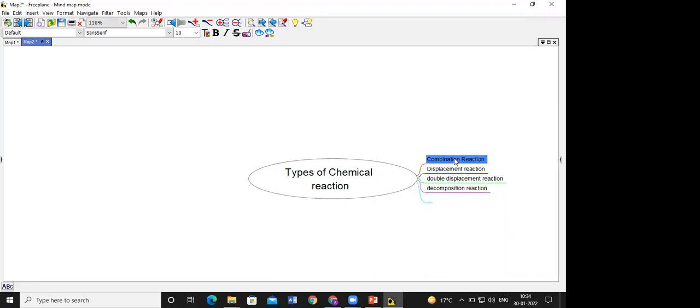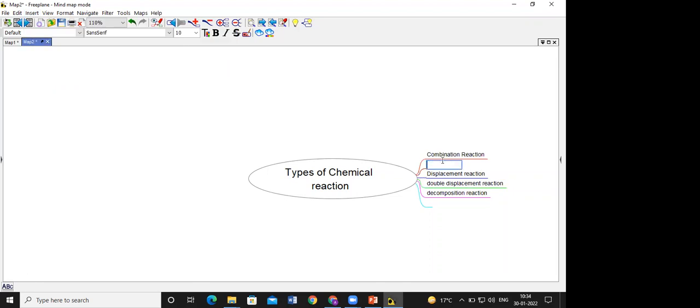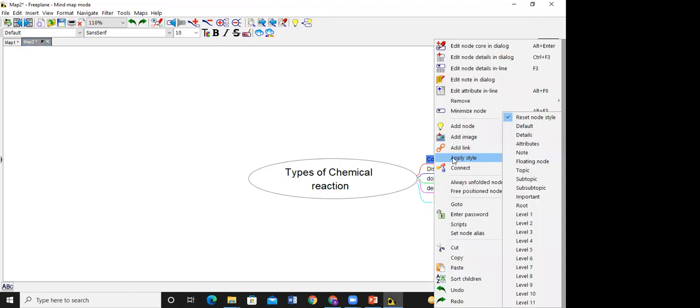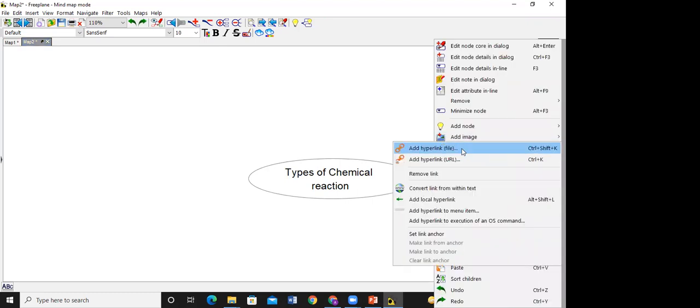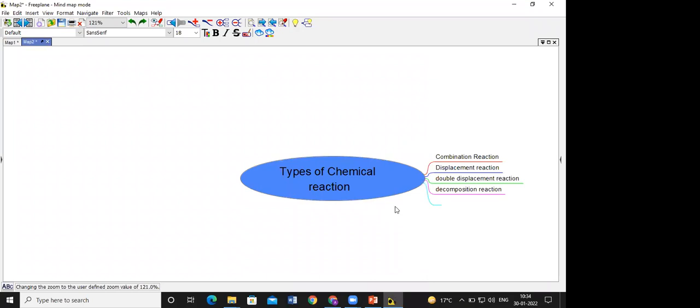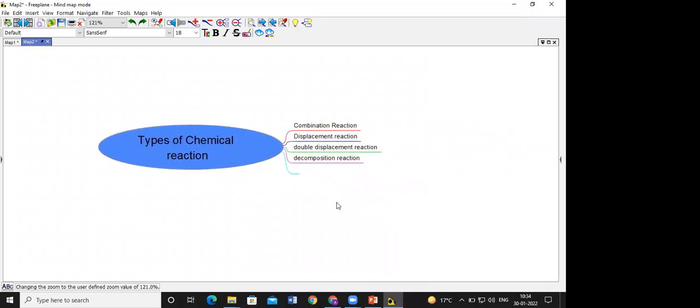Now, what is the definition of a combination reaction? What I will do, I'll go to this one. Here, on this combination reaction, I can add an image, or I can add a link, I can add a hyperlink, whatever I want to do, I can put all these things here.